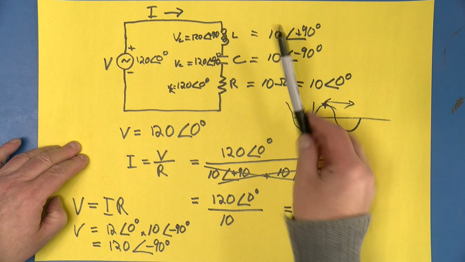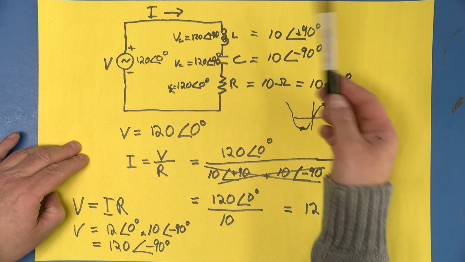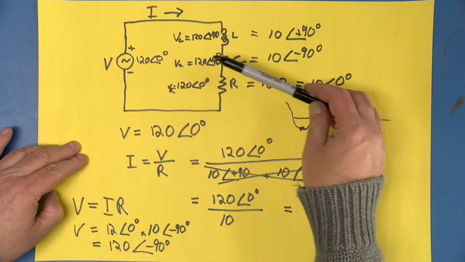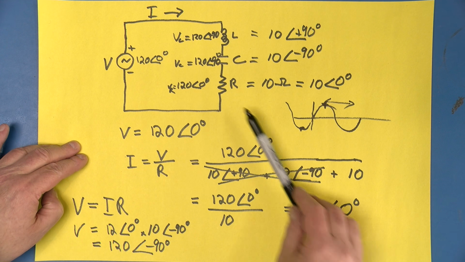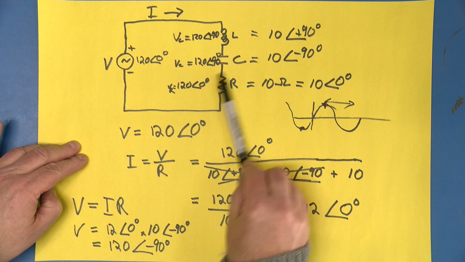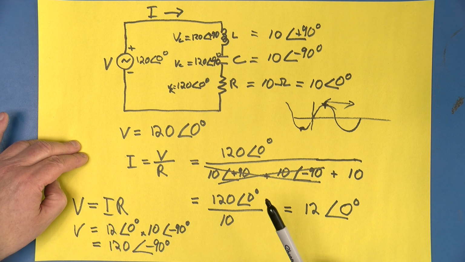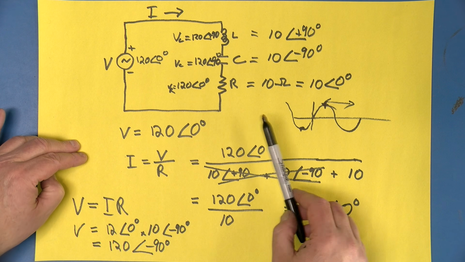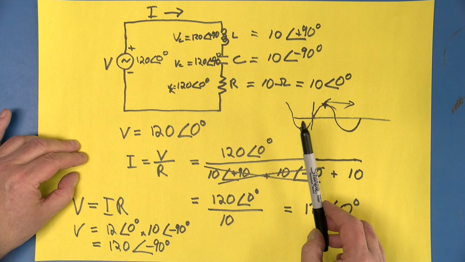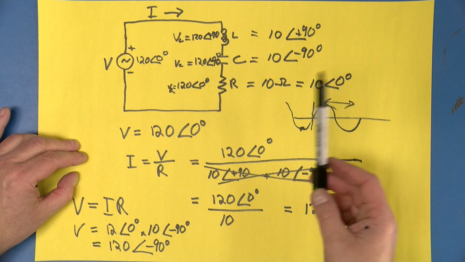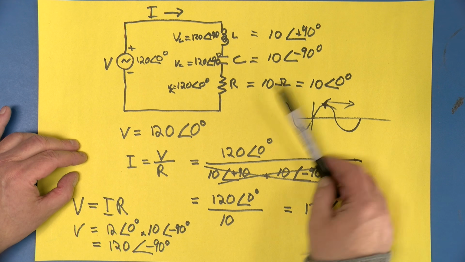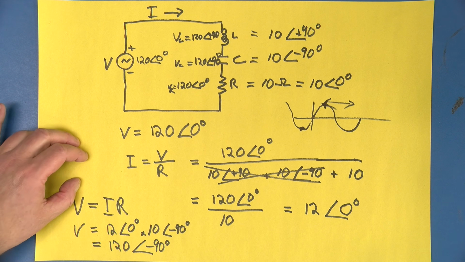It is really a mind-boggling type thought that you have three things with equal voltages across them, and yet the total is simply the voltage across this resistor. So you might have to think about that a bit. It is a little bit mind-boggling. It is, in my mind, one of the most interesting examples of a circuit that has both inductance, capacitance, and resistance.